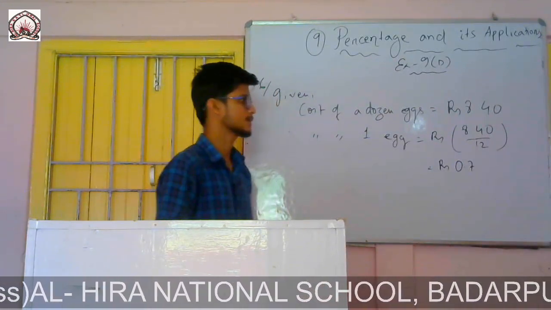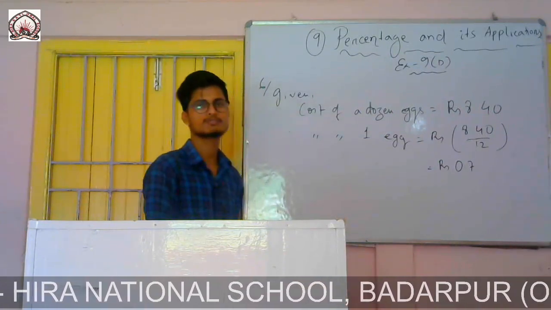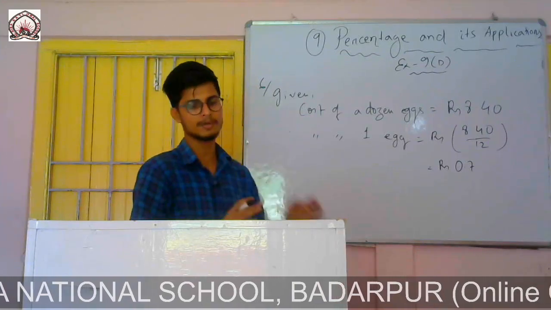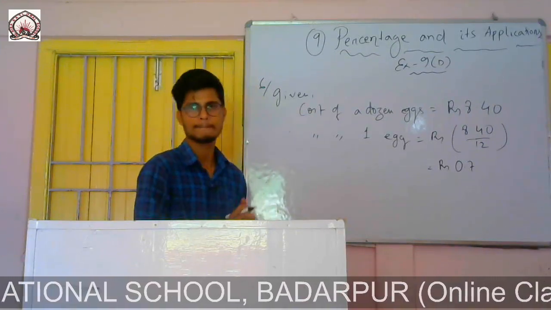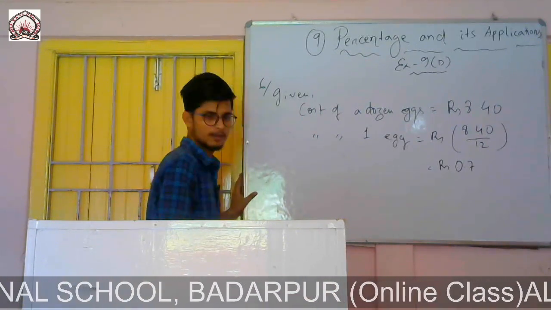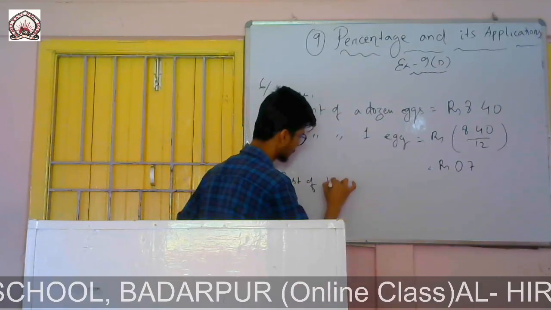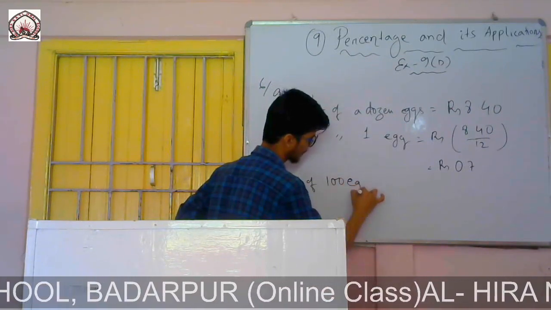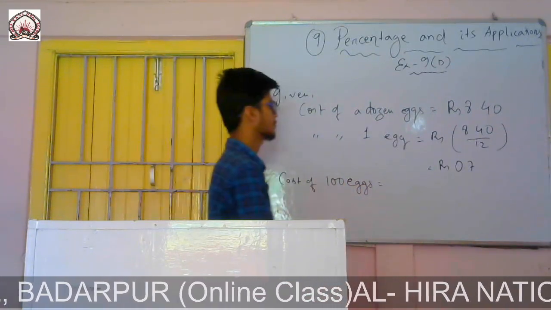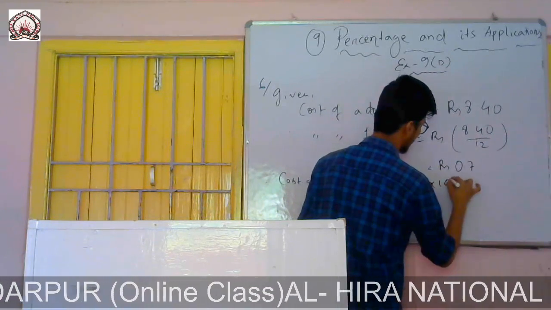12 sevens are 84. Okay, now we'll find the cost of 100 eggs. The question is to find the cost of 100 eggs. Only if we find the cost of 100 eggs can we find the SP at the profit rate of 15%. So the cost of 100 eggs is rupees 0.7 into 100.